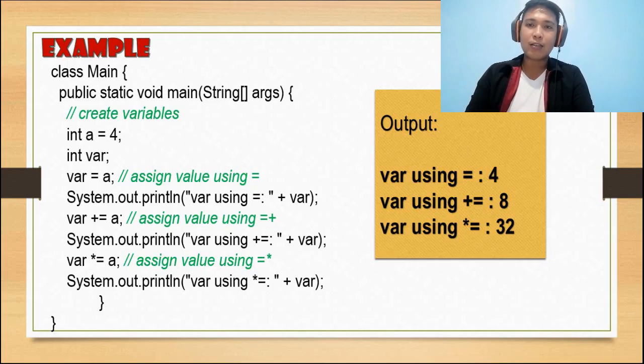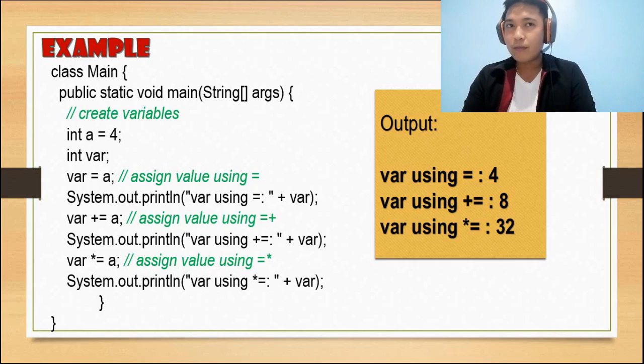Next, let's create a statement System.out.println to show variable. From the output, as you can see, guys, the variable using equals is equivalent to 4, since we declared that variable is equivalent to a.